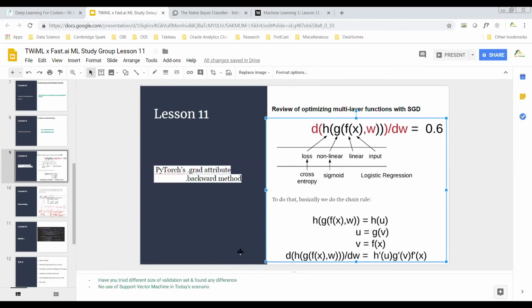Yeah. And grad is just for a single calculation? No, if I recall correctly, grad is just the variable where the actual gradient is stored. Okay. And then you have to be careful that you zero them, because otherwise they would just accumulate over time. That's right. Thank you.